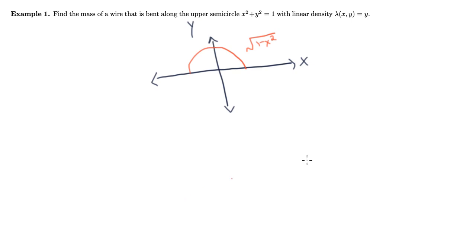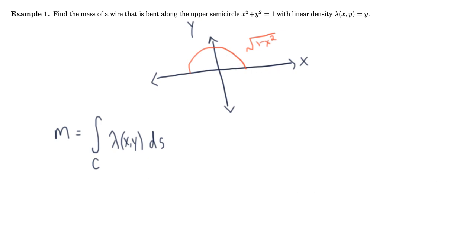Okay, so what is the mass? Well, the mass is the line integral over this curve of the scalar valued function, which is the density, integrated over these line elements, ds. And as we said, this is very difficult to do until we actually have a parameterization of the curve.